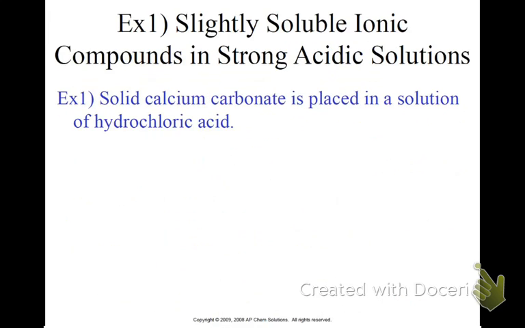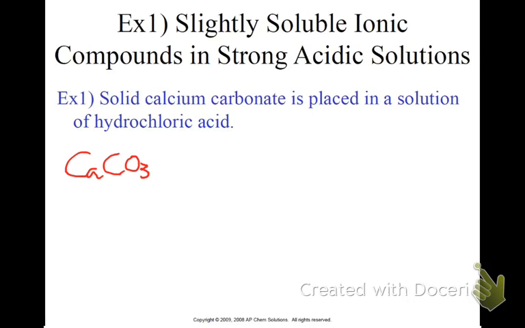So here's an example. Let's say we add solid calcium carbonate, and it's placed in a solution of hydrochloric acid. Of course, you have all your solubility rules memorized, so you know that calcium carbonate, CaCO3, is classified as insoluble. But as we talked about before, insoluble doesn't mean it's actually insoluble. All ionic compounds are soluble to some degree.